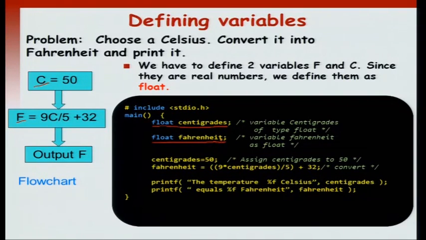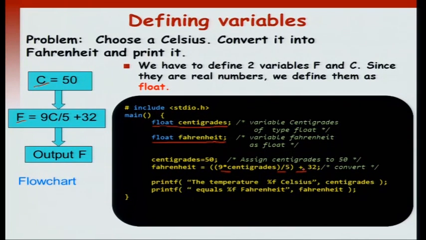So let's say that the input is 50 degrees Celsius, and then the Fahrenheit formula is exactly the same as what we have in the flowchart. We have 9 times centigrade divided by 5 plus 32. Notice here that these are arithmetic operators. So the star arithmetic operator stands for multiplication, forward slash stands for division, and plus stands for addition.